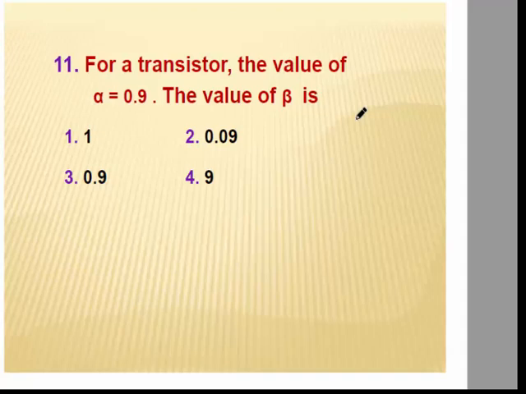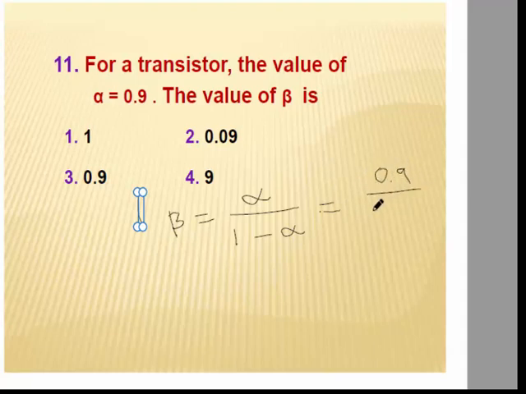So we know the beta formula. I will write the beta formula. Beta equals alpha divided by 1 minus alpha. Alpha is given as 0.9, divided by 1 minus 0.9.